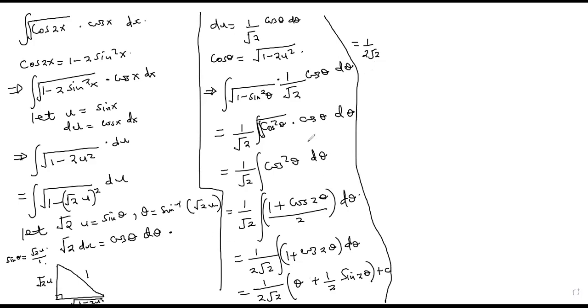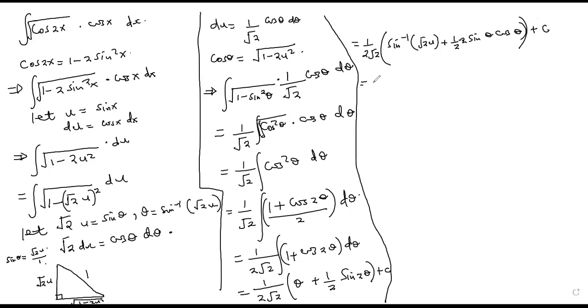Theta was sine inverse of root 2u, so we can put brackets, and then we say sine inverse of root 2u plus a half sine 2 theta, which is the same as 2 sine theta cos theta, then plus the constant of integration.